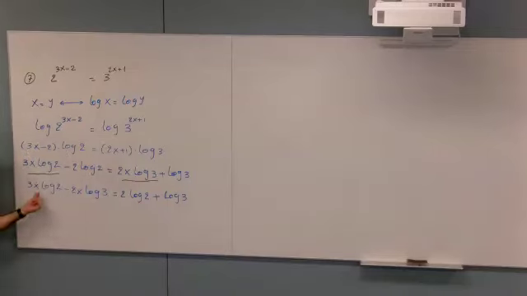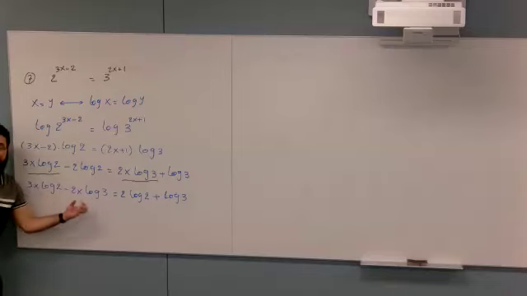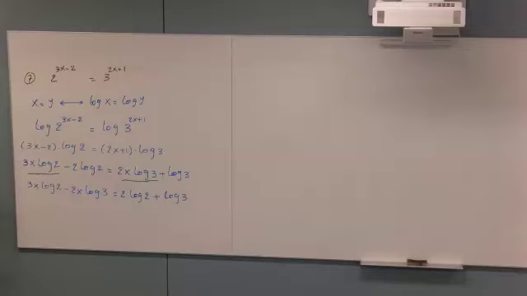Now, how am I going to put the two x's together? I can't add, I can't subtract, because this is log 2, this is log 3. But can I take x as a common factor between here and here? We're going to factor it out. Yeah. Factor out the x. What's left from this part? 3 log 2.